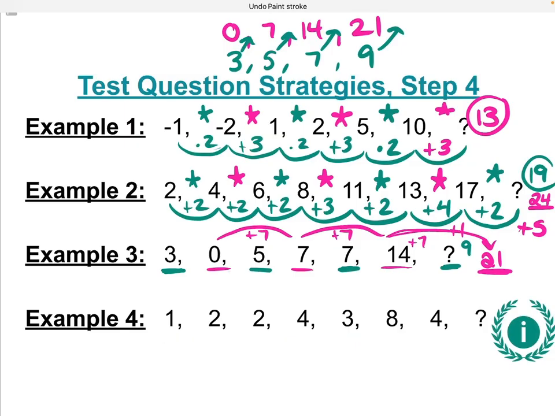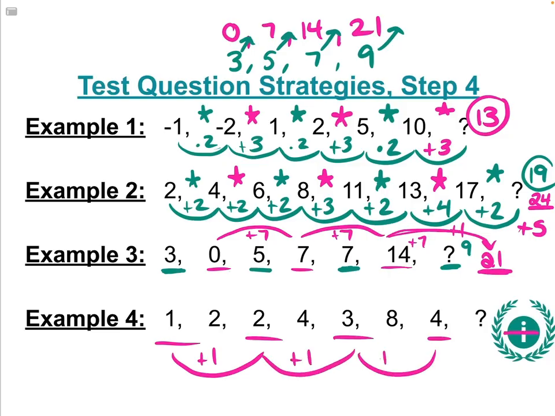And let me actually change that color so it'll be a bit easier to see, because this will extend past our mystery number. And find the differences between those. 1 to 2 is plus 1, 2 to 3 is plus 1, 3 to 4 is plus 1. So to find the next number in our series, we would need to add 1 again. 4 plus 1 will give us 5 as the next number in our series.